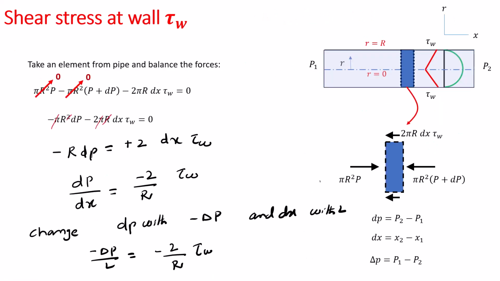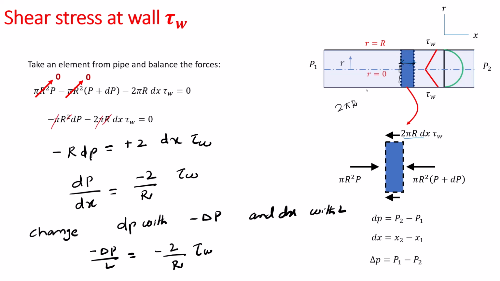Okay, and similarly for the shear stress, we can take one element from this pipe, and this element has these forces. One is the shearing stress, and the area for the shearing stress will be, this is dx. Now this is a circular cylinder, so imagine this is a circular strip, and its length will be equal to the circumference of the circle, which is 2 pi r.